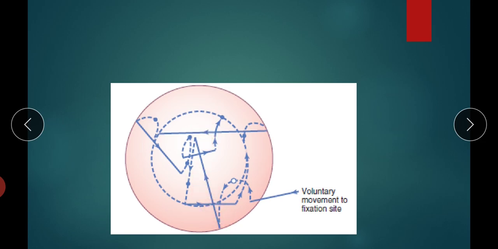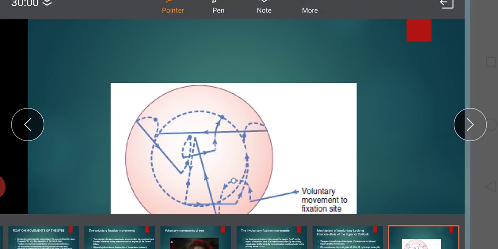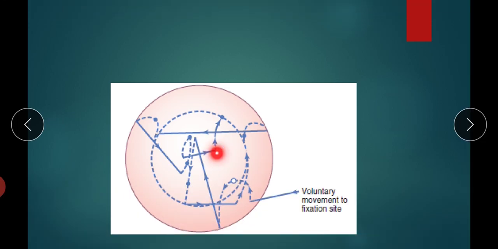The dotted arrows go away from the center, and the solid arrows drag the image back towards the center, to keep the image on the center of the fovea centralis. So this is about the slow drifting, flicking movement and continuous tremor. These are some imperceptible movements of the eyeball.